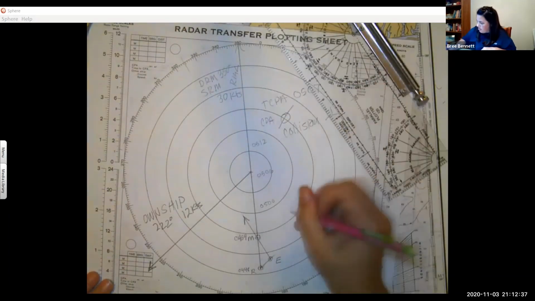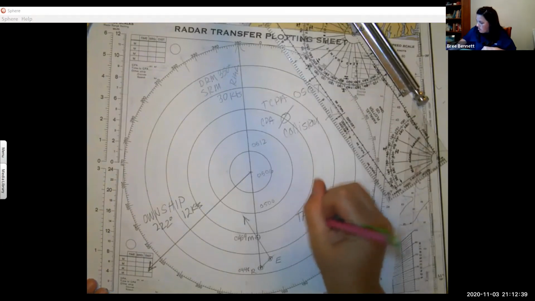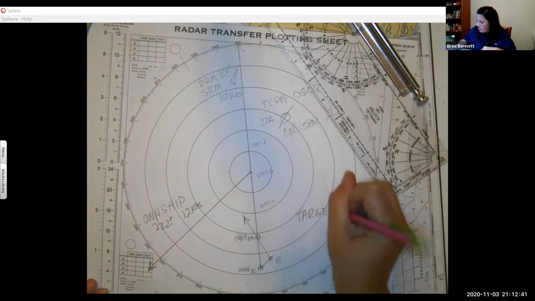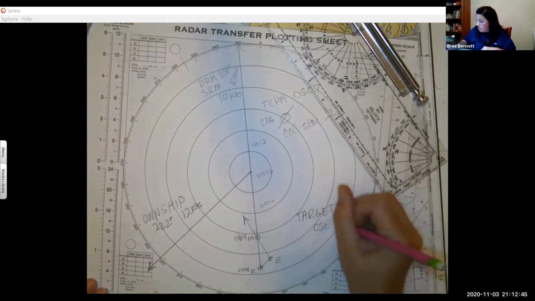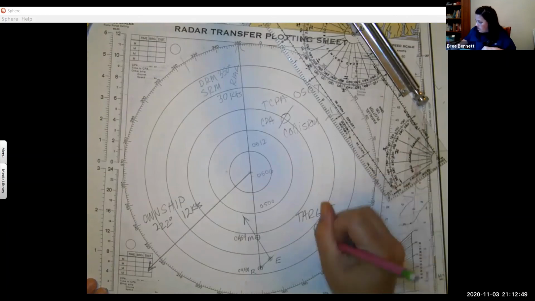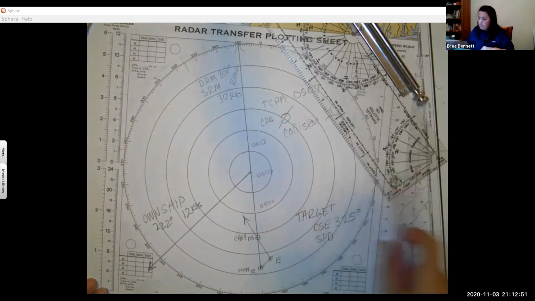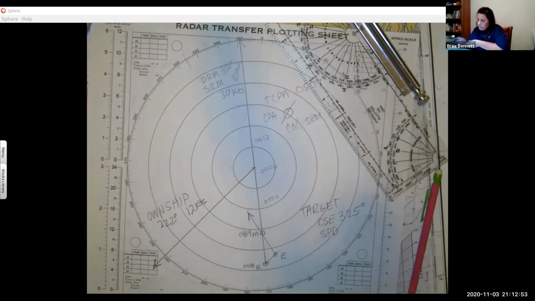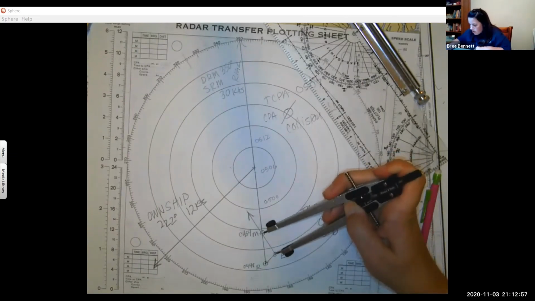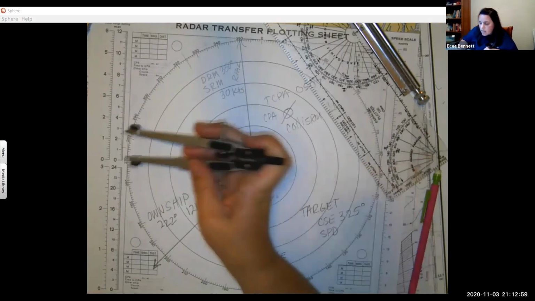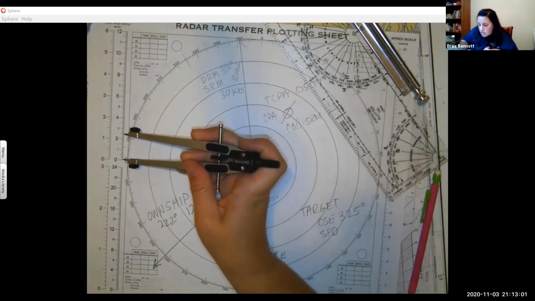Let's call it, so target course is 325 degrees. Target speed is, we're going to measure E to M. Their distance there is 2.4.